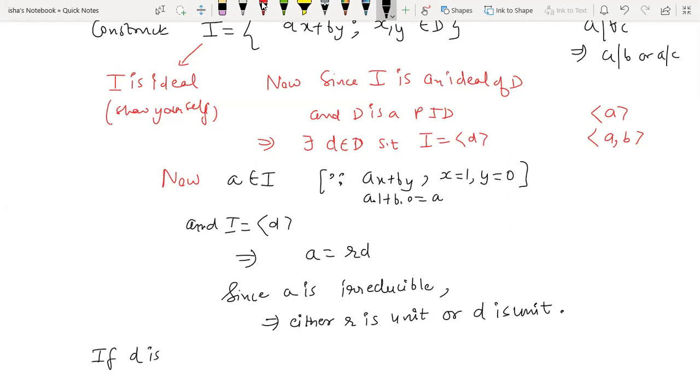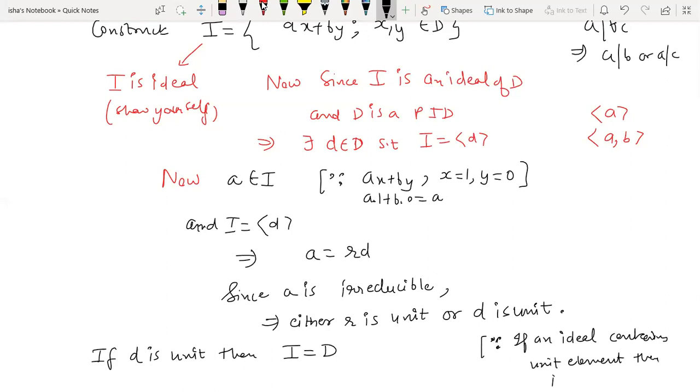So if d is a unit, then what will happen? I will be equal to the whole domain. The ideal will generate the whole domain, because you remember this result: if an ideal contains a unit element, then the ideal is equal to the whole ring.